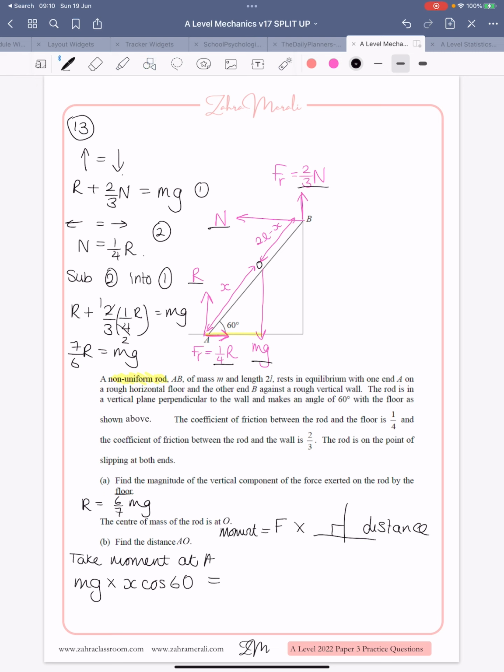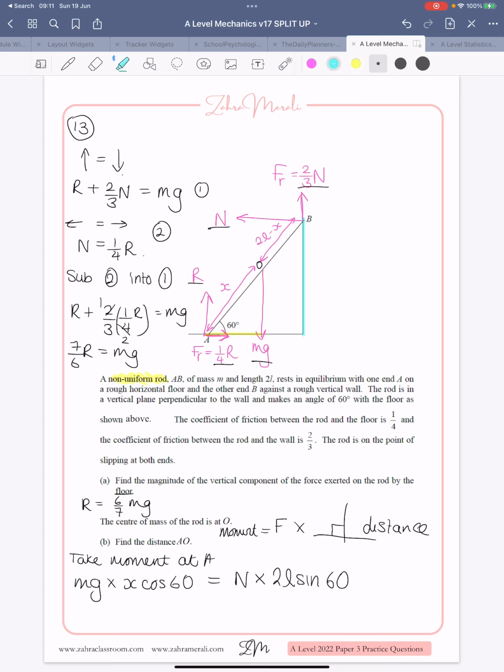So that equals N times, and we want our perpendicular distance. We're going from here, we want to go at right angles until we're in line with A. So the distance we're looking at is this one here, which is opposite. So we've got N times 2L sine 60.